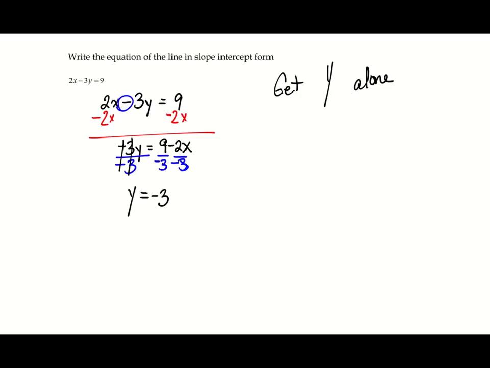The -2 divided by -3, a negative divided by a negative, is going to give us a positive 2/3 x. So we were able to get that alone. Now, if we had to, we could tell you that our slope was positive 2/3 and our y-intercept, that other number, is -3. So once we transform it, we're able to answer questions from it.